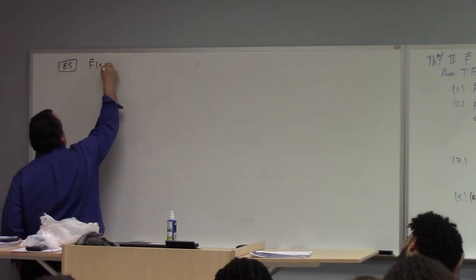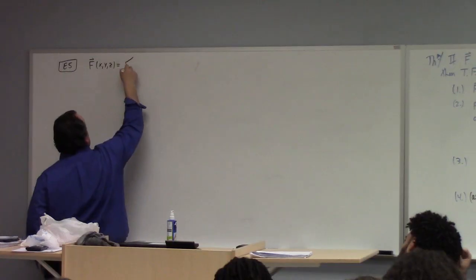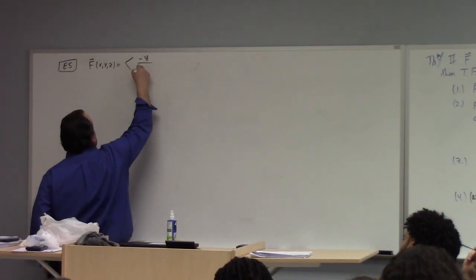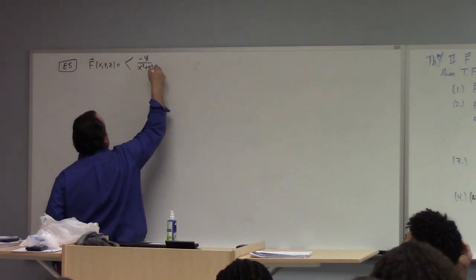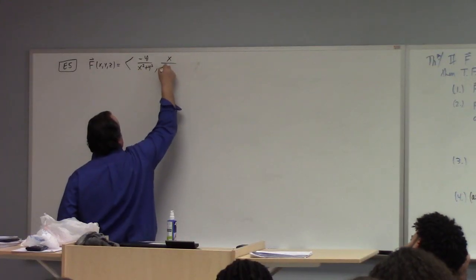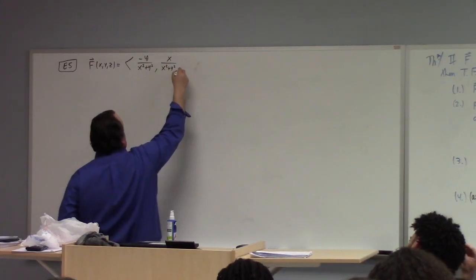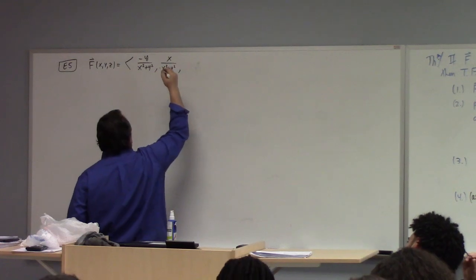We'll do f of x, y, z equal to minus y over x squared plus y squared, x over x squared plus y squared, and I don't know, z.